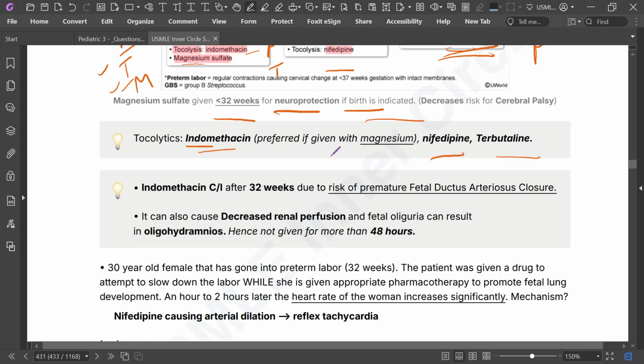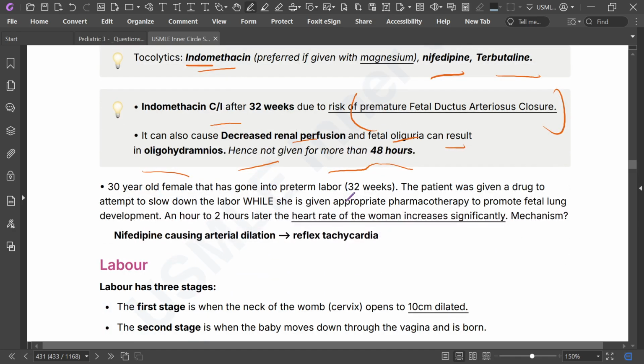Indomethacin is preferred if given with magsulf. Indomethacin is contraindicated after 32 weeks due to risk of premature fetal ductal constriction. It can also cause decreased renal perfusion and fetal oliguria and can result in oligohydramnios, hence not given for more than 48 hours.